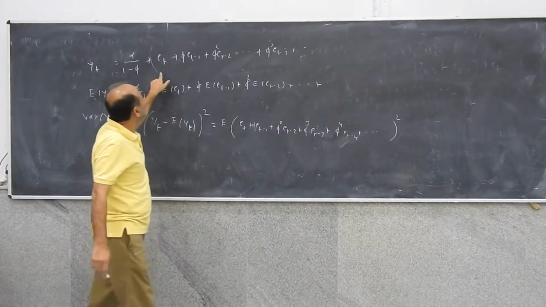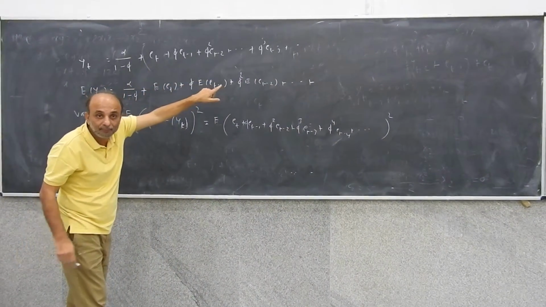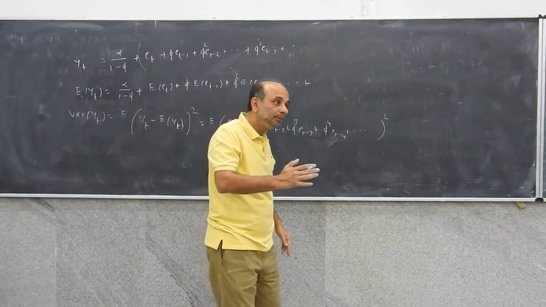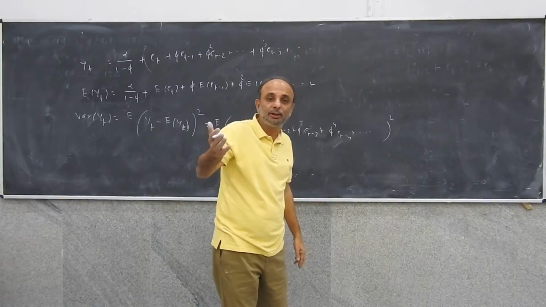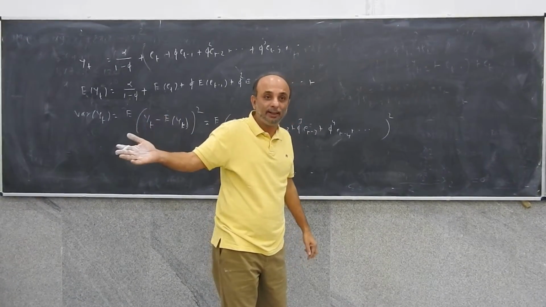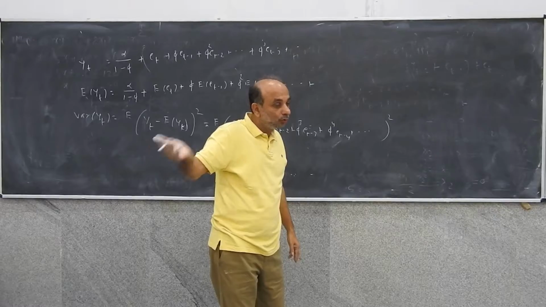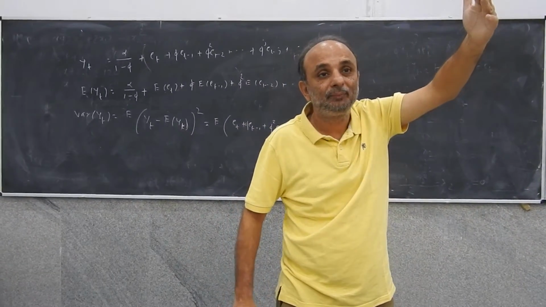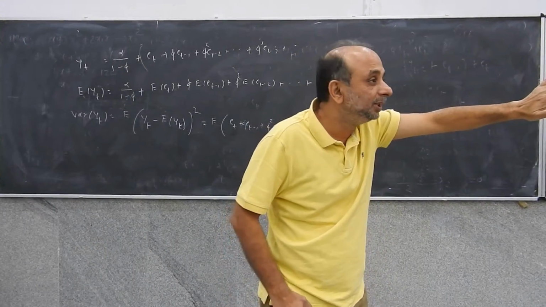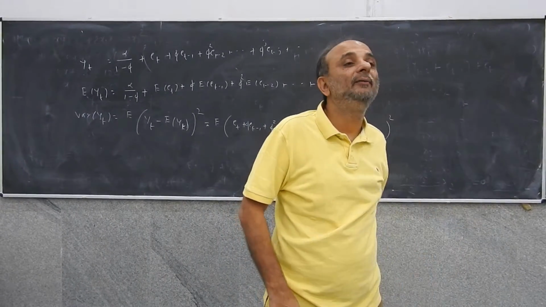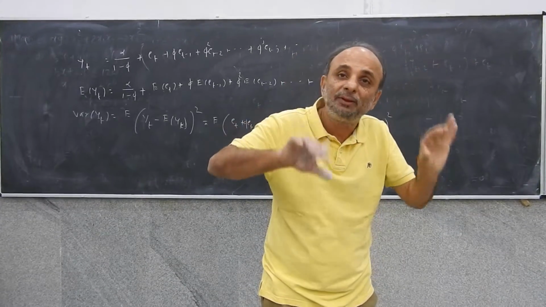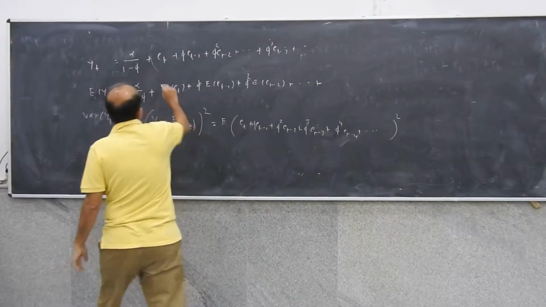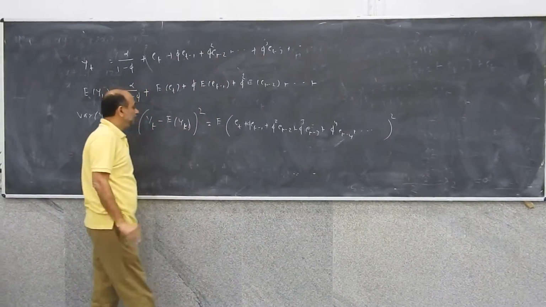So if I want to take the variance of this sum, you have to add the variance of each individual term and then add all the covariances. Fortunately, we have assumed that all the et are independent across time, so the covariances will be 0. So you really get the sum of the variances of each individual term: the variance of this, plus the variance of this, plus the variance of this, etc.